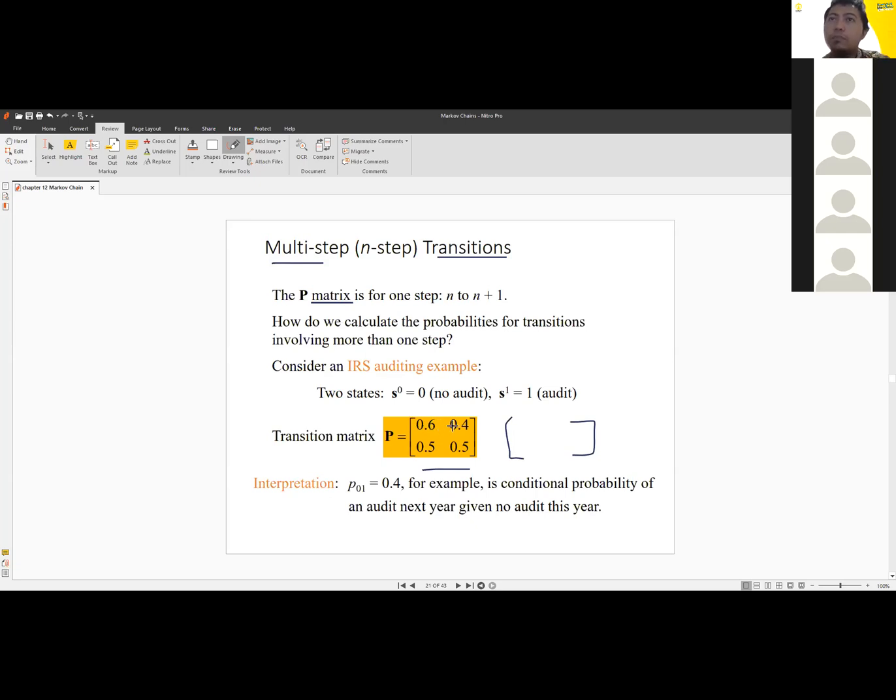No audit to audit is 0.4. Audit to no audit is 0.5. Audit to audit is 0.5.